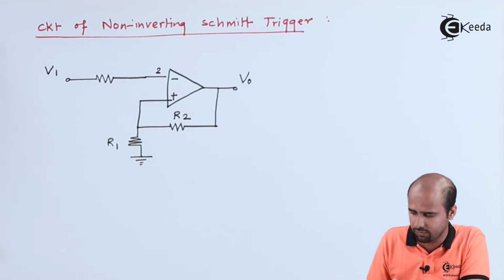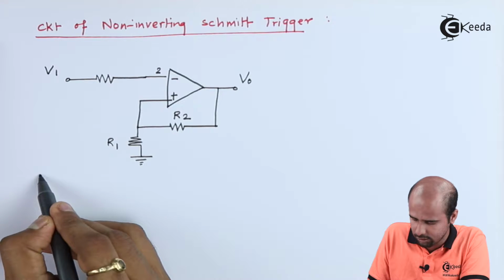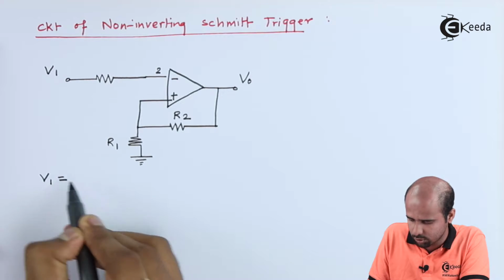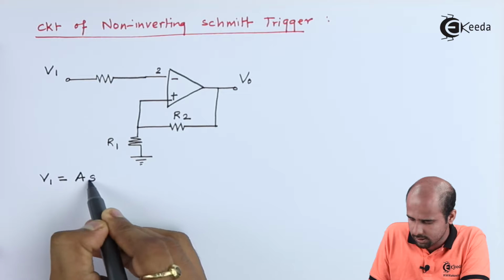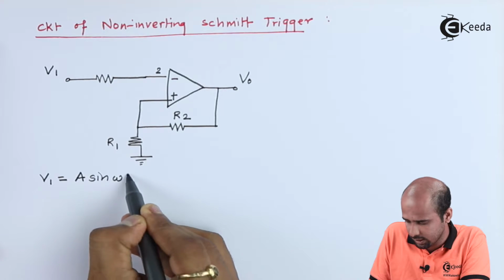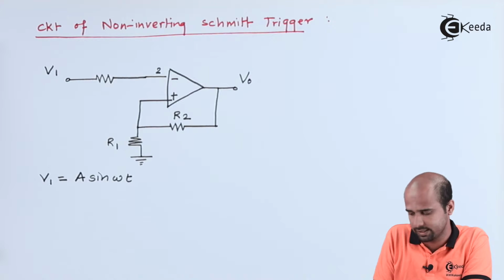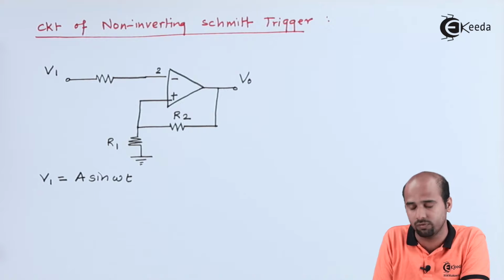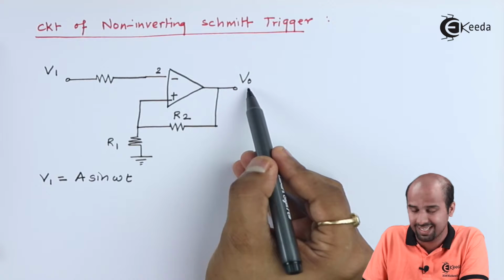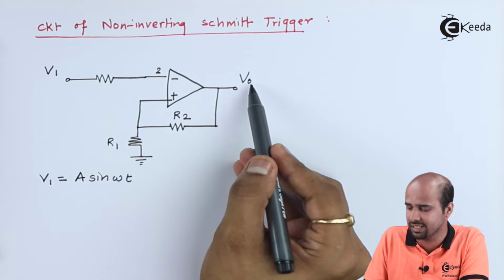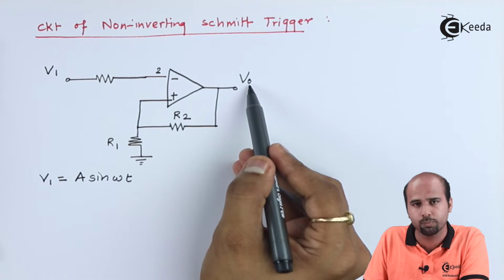I am applying V1. Let us say that the input V1 is equal to A sine of omega t. It's nothing but A sine of omega t. The value of VO, initially we are considering that it is at plus Vsat.